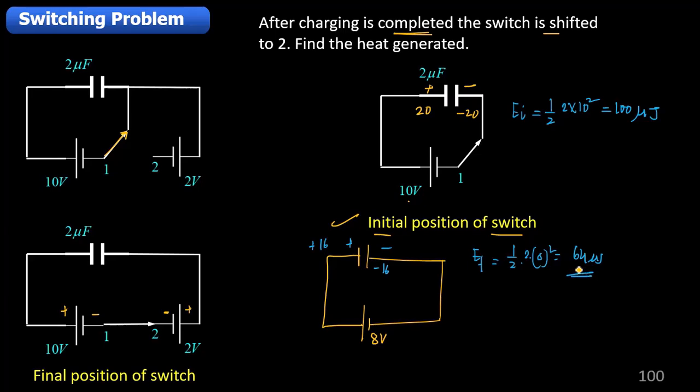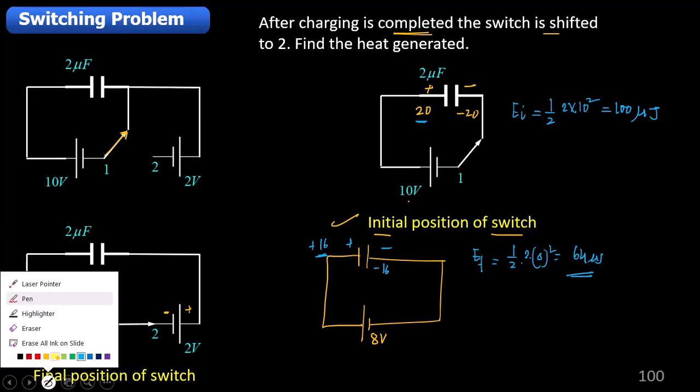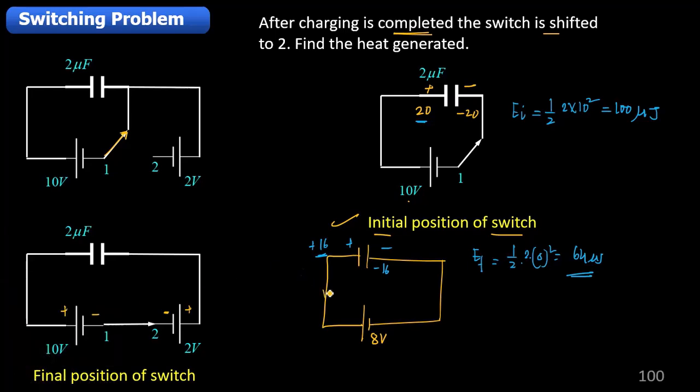In this situation, what is the charge flowing through the battery? 20 microcoulomb is the initial charge, and now 16 microcoulomb is left on the plate. So can I say that 4 microcoulomb charge has flown through the battery? The charge is coming to the positive end of the battery, so the energy of the charge is being dropped.